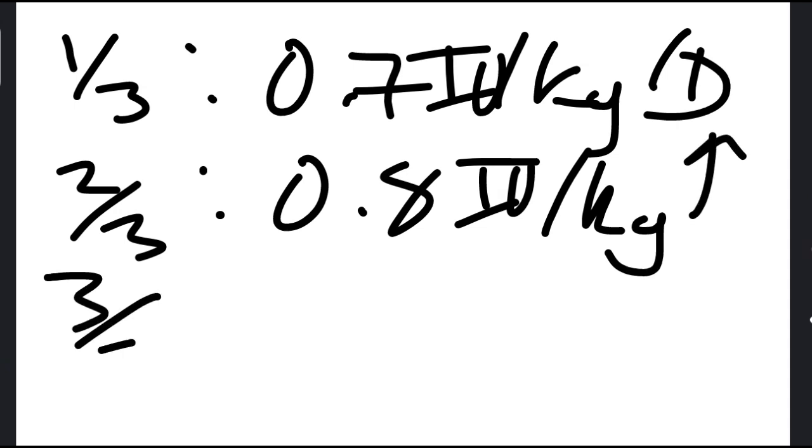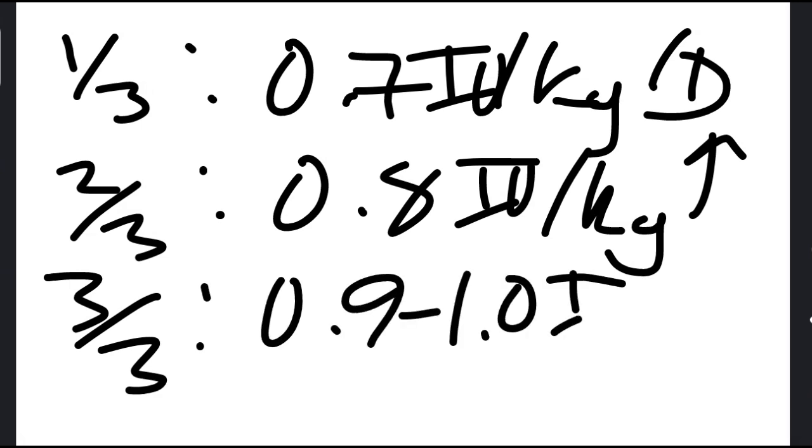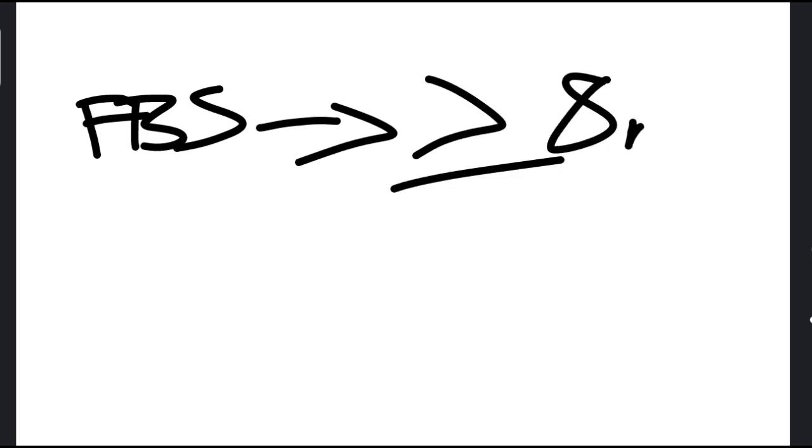Then in our third trimester, we give 0.9 to 1.0 international units per kg daily. This will be how you are giving your insulin. So remember, the insulin therapy will only begin after you've started your first line treatment and you find that it's not getting better, your fasting blood sugar is greater than or equal to 8 millimole. That is basically how you go about gestational diabetes.